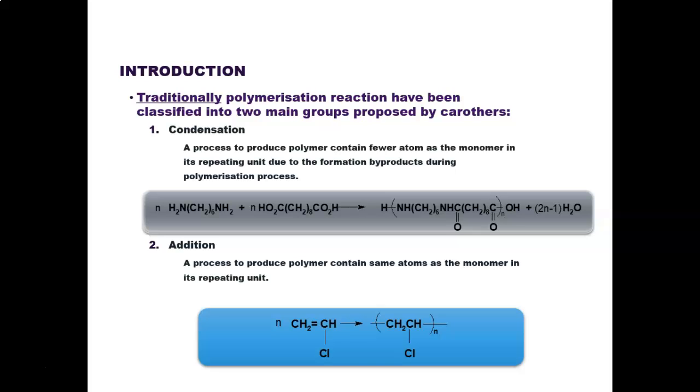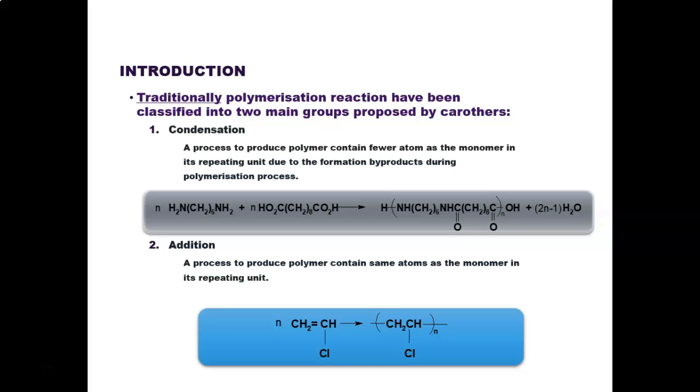While addition polymerization of olefinic monomers is a chain reaction, which converts the monomers into polymer by stimulating the opening of the double bond with a free radical or by using an ionic initiator. So the product then has the same chemical composition as the starting material.